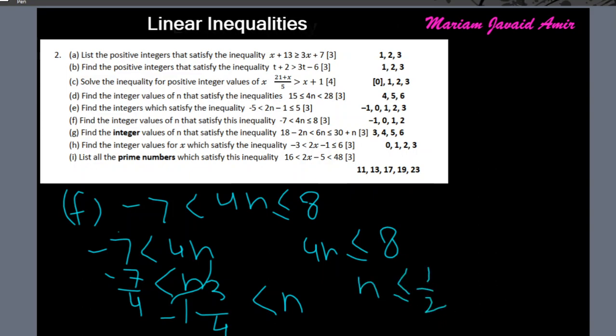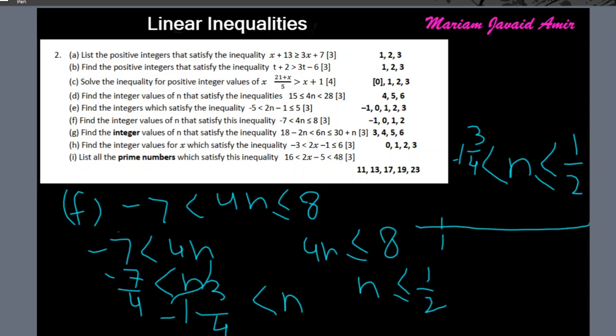So combined this can be written like this, n is greater than minus 1 whole 3 by 4, and n is less than equal to half. So we need integer values in this range, so we have minus 1 whole 3 by 4 here, and we have half here.